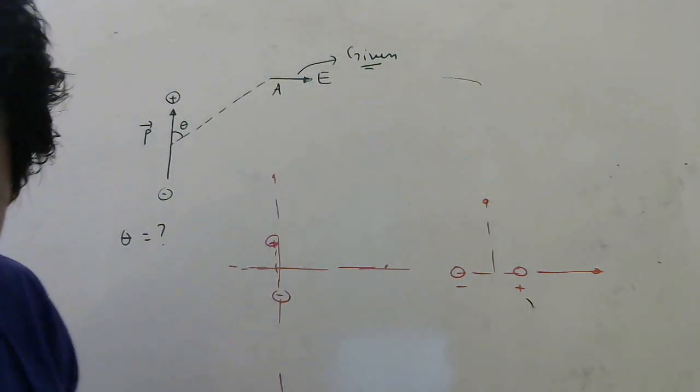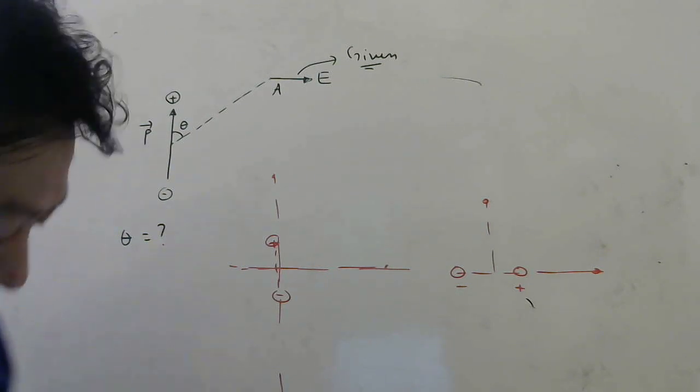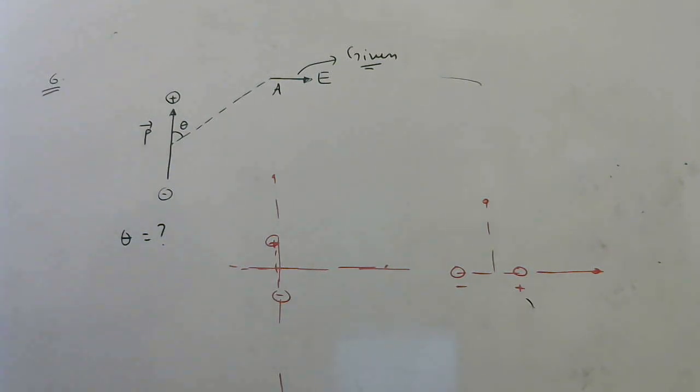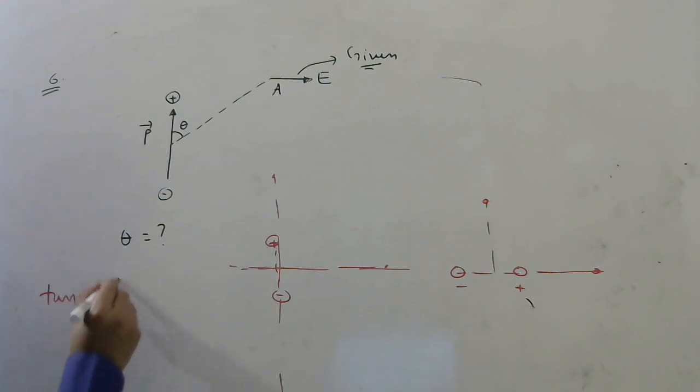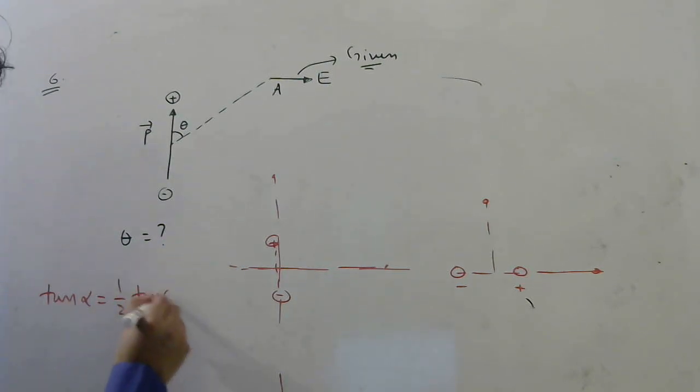General point. Now when we did general point, I had derived one formula between the angle alpha and the angle theta. So please check that. The relation between angle alpha and angle theta was tan alpha is half of tan theta.